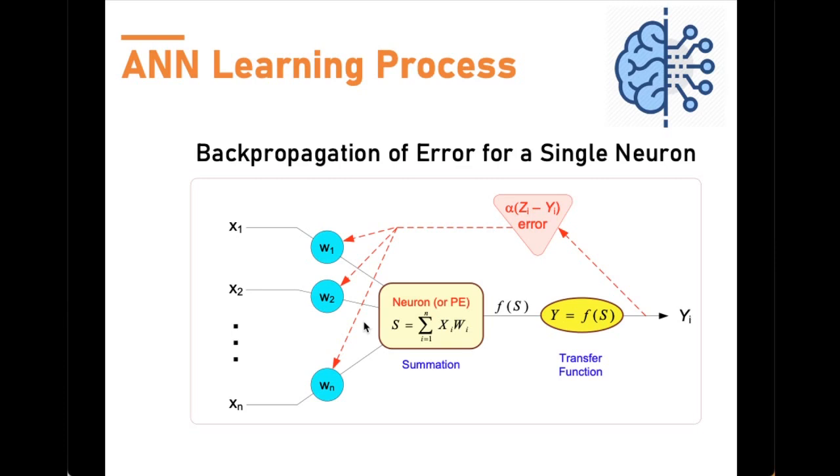The goal in the backpropagation algorithm is to improve the accuracy of the network's output during subsequent forward propagation.